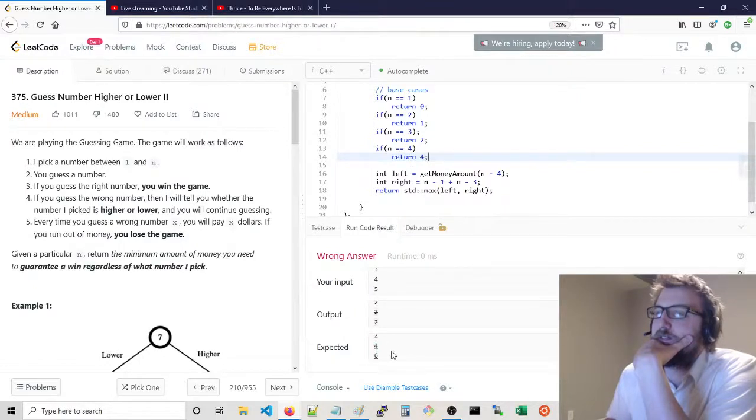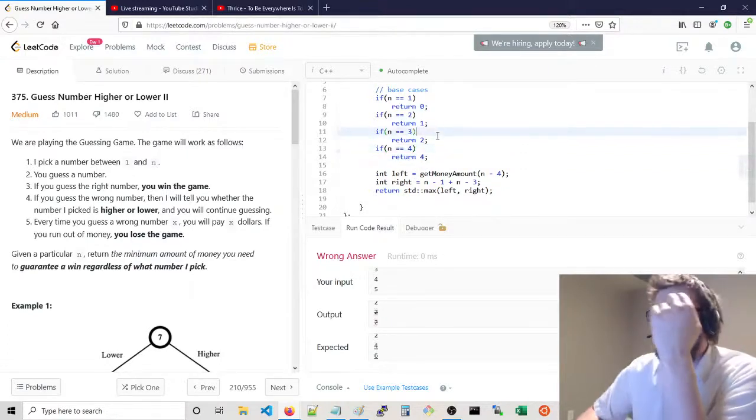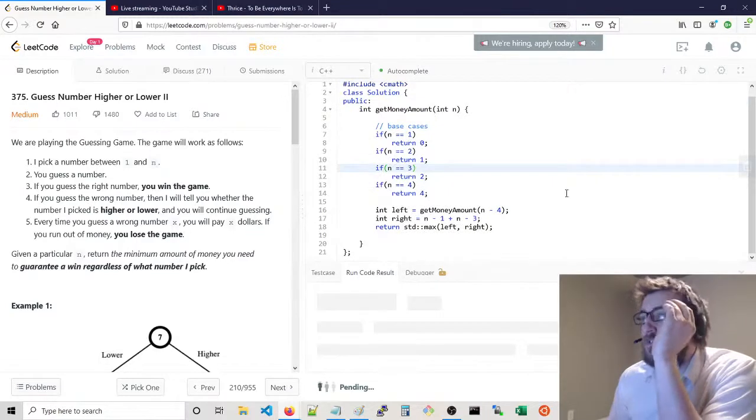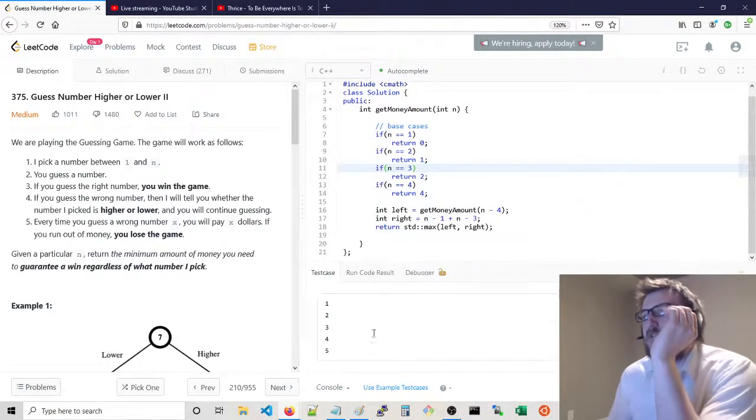4 and 5. Wait, why? Oh, where did that come from? Okay, it looks correct so far.